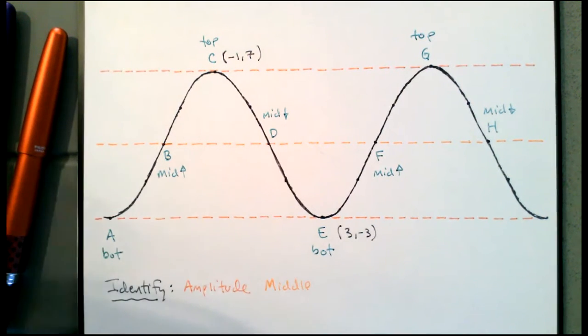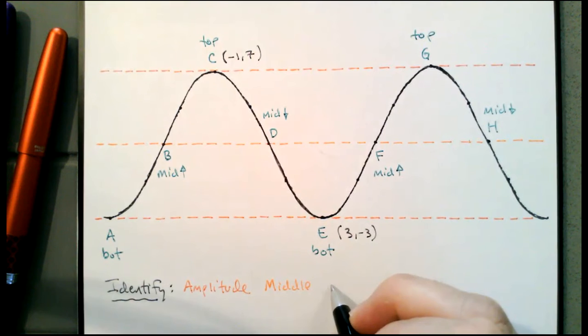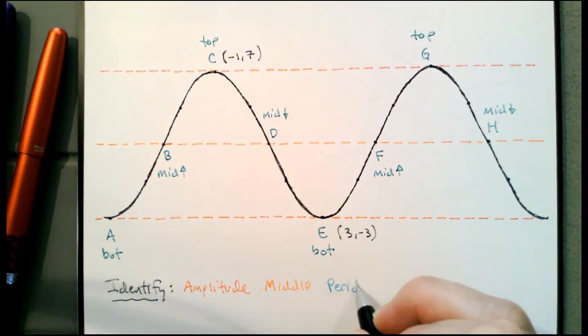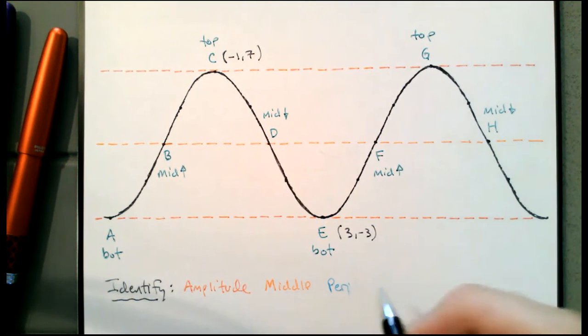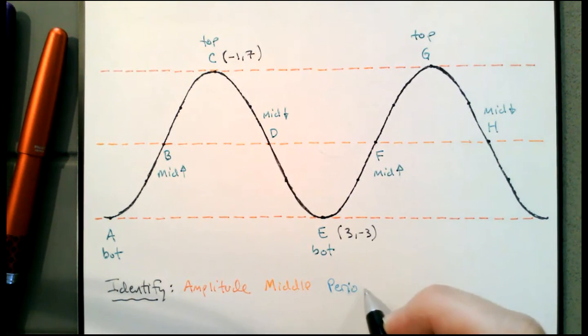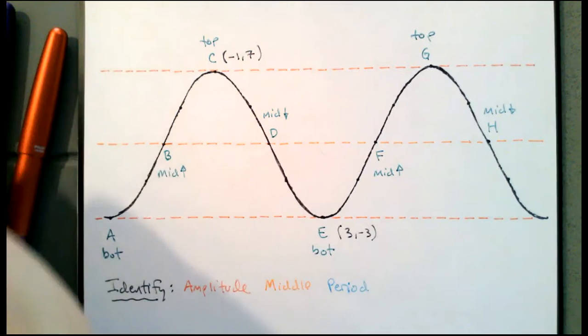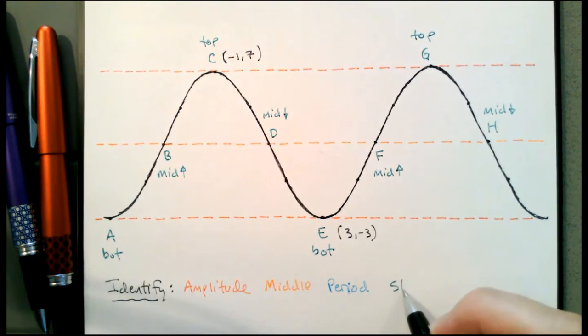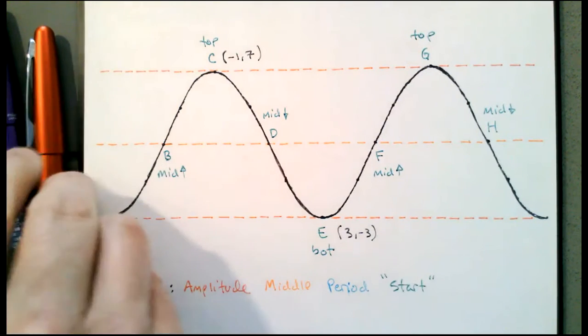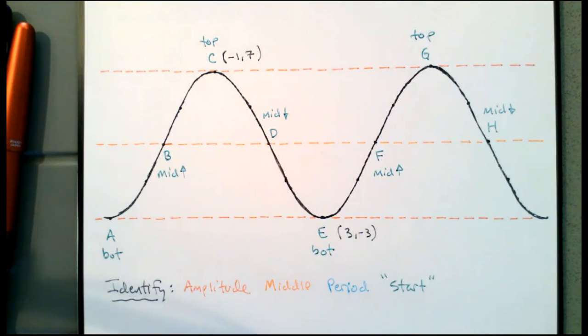We need to identify the period. And we need to identify a start. And we'll put the start in quotes because we have lots of choices of where we consider the graph starting.